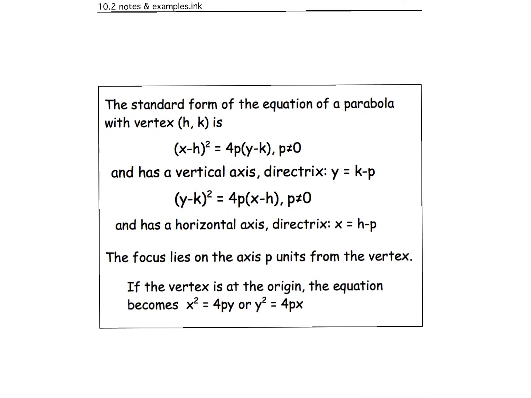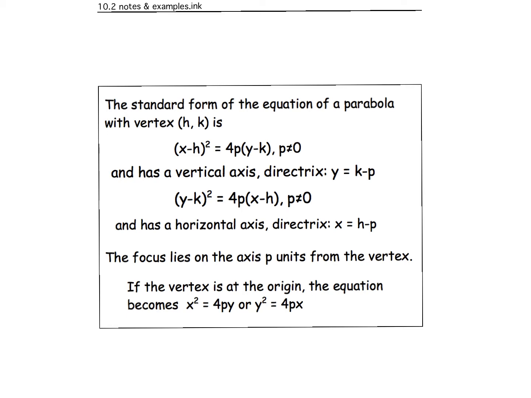Okay, so the standard form of the equation of a parabola with vertex h comma k. So no matter what, our vertex is h comma k. Depending on where the focus point is located, that is going to be a clear go-to of whether I have a parabola that opens up with a vertical axis of symmetry or a horizontal axis of symmetry.